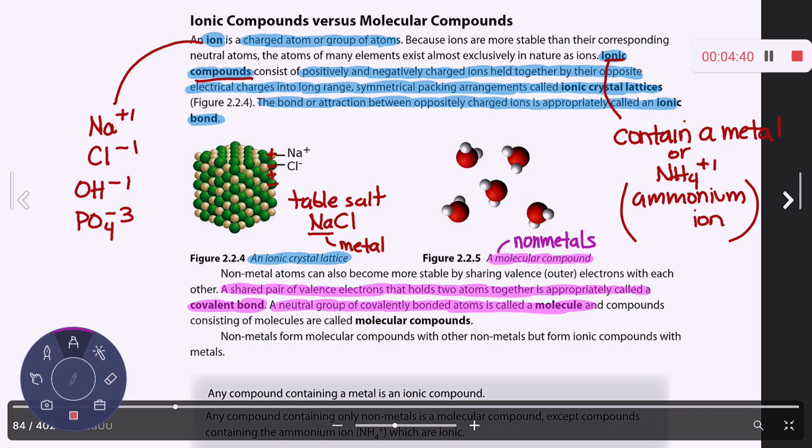And they call molecular compounds molecules. Okay, so these molecules are neutral, and they're just a bunch of nonmetals attached to each other. We good? So here, this is an example of water. Water would be a molecular compound because hydrogen and oxygen are considered to be nonmetals, here's oxygen, and then here are your hydrogens.